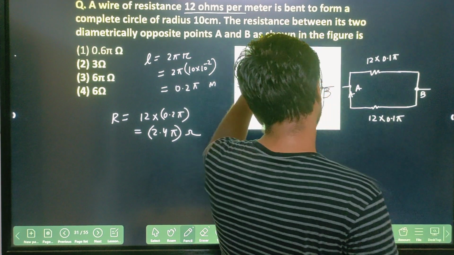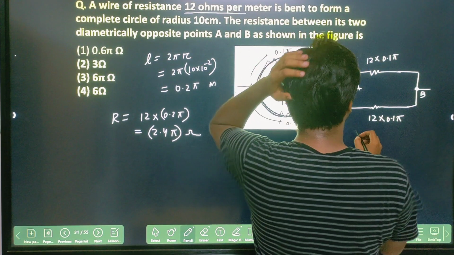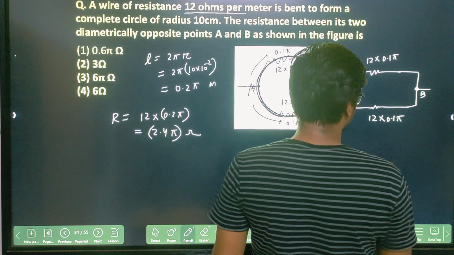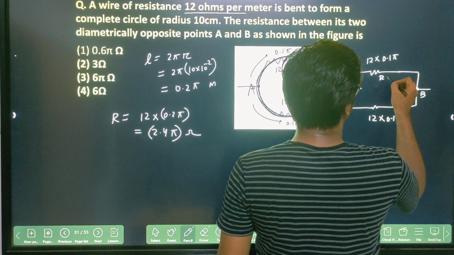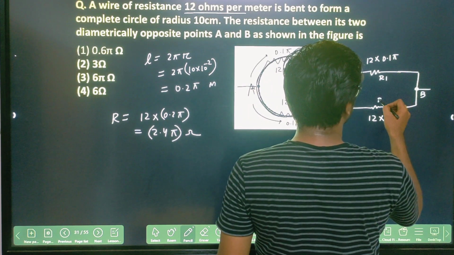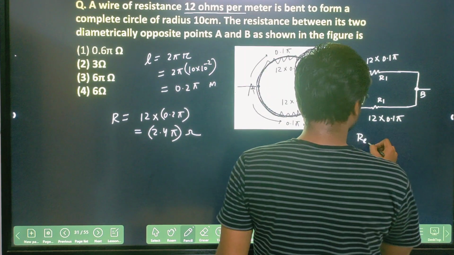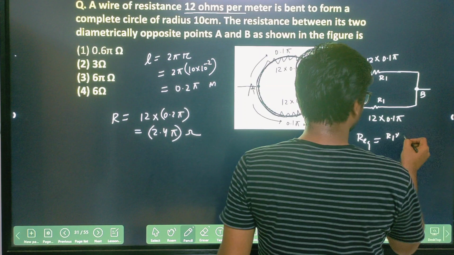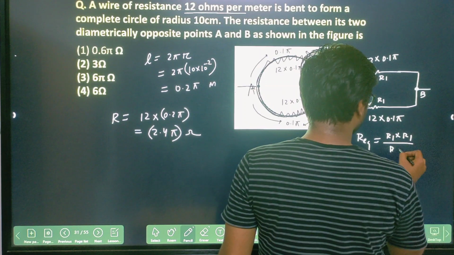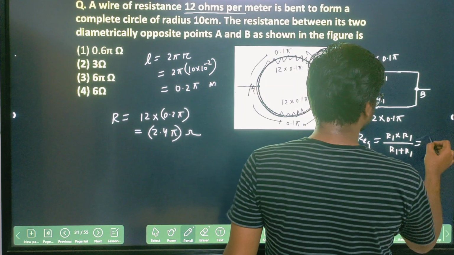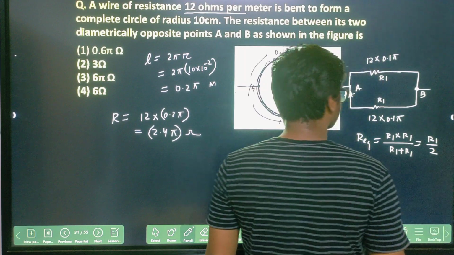So what will be the R equivalent? Both are in parallel. If this is R1 and this is also R1, the R equivalent is R1 into R1 divided by R1 plus R1, so this will be R1 divided by 2.